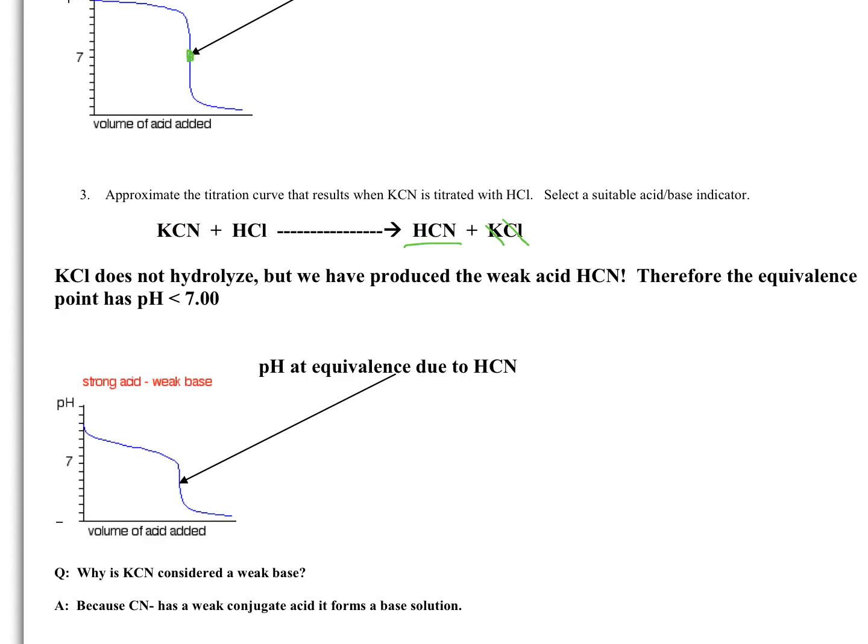Well, because it's a salt, so you would look at it like a salt and see what it does. Potassium does nothing, it's from a strong base. Cyanide, however, when it reacts with water, is going to form OH minus. So CN minus plus H2O is going to produce, notice how this is negative, so it's going to take the positive away from the water, so you get HCN plus OH minus.